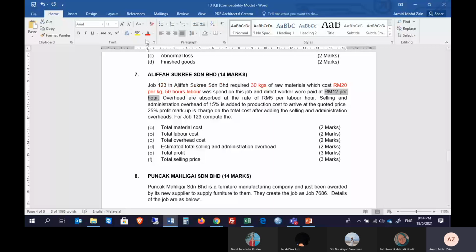Overhead are absorbed at 5 ringgit per labor hour. Selling and administration overhead is 15% from the total production cost to arrive at the quoted price. 25% markup after you add the selling and administration.